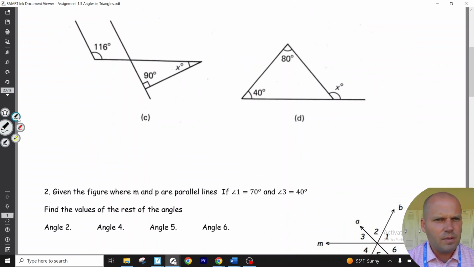We can see a set of parallel lines, and then it looks like almost we have a transversal here, and then we have this triangle here. So it's very interesting. What you might not see is that this angle that's 116 degrees looks like the obtuse angle created when a set of parallel lines is cut through by a transversal.